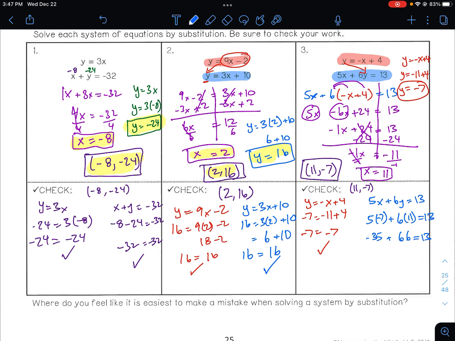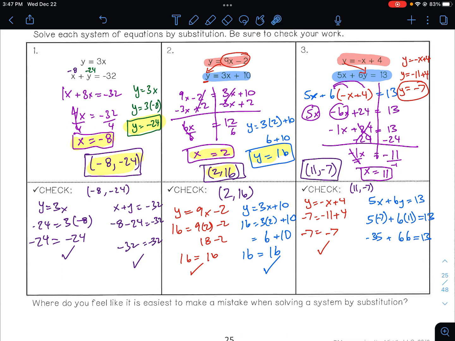Doesn't 66 minus 35 equal 13? I don't think it does. Let's try that again. 66 minus 35, that's 31. I did something wrong here.